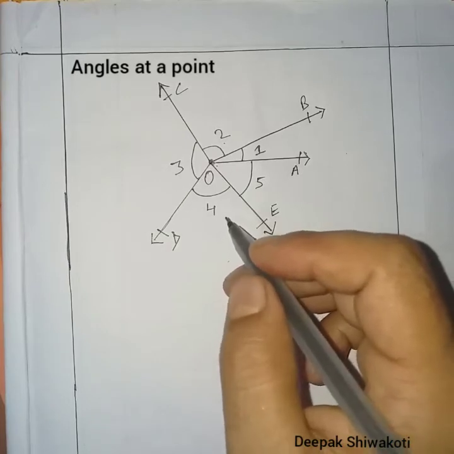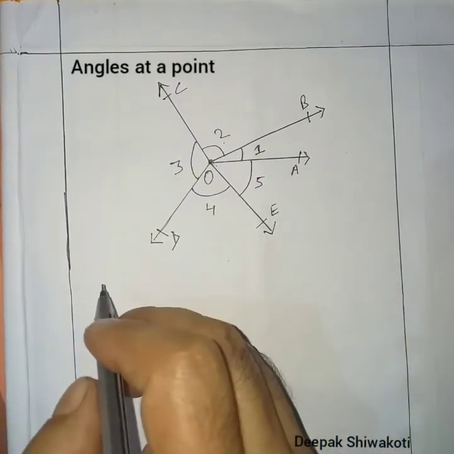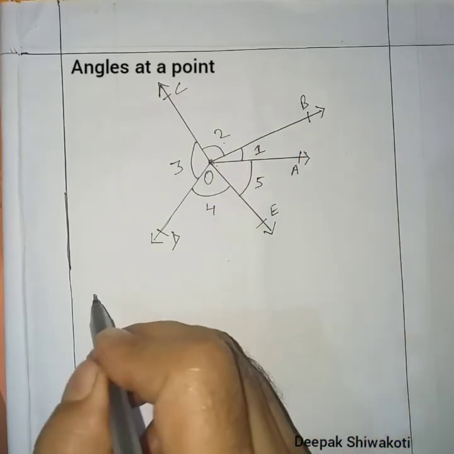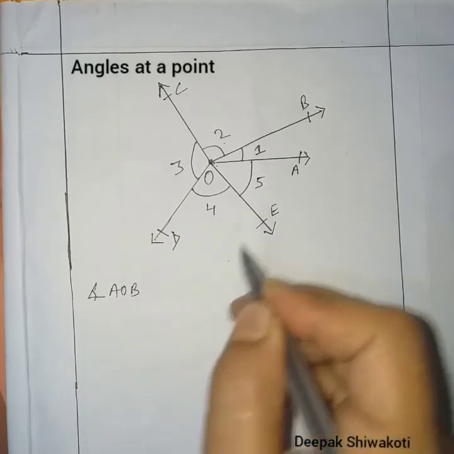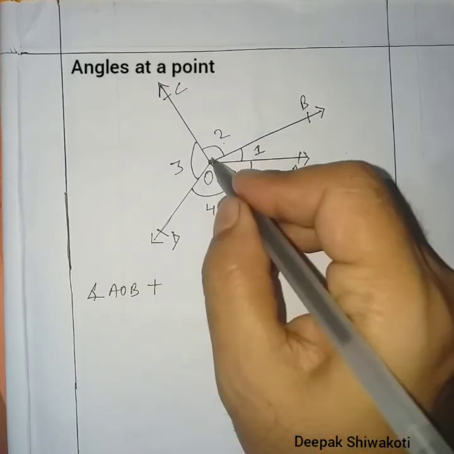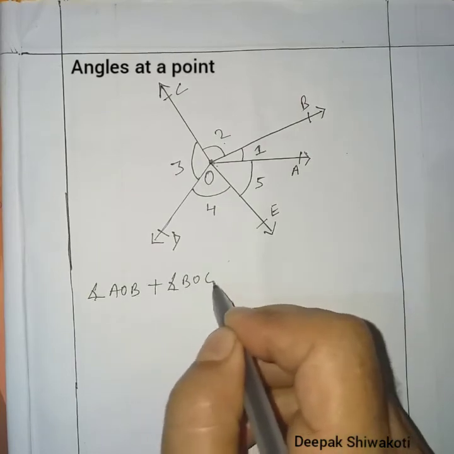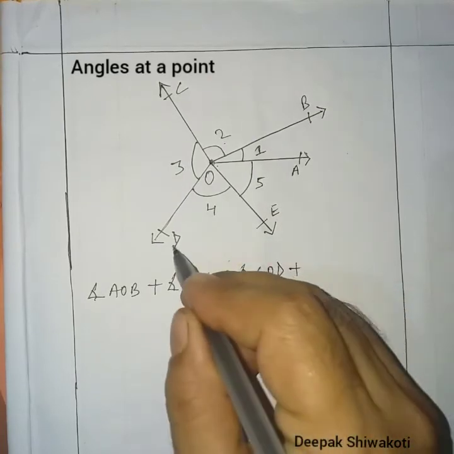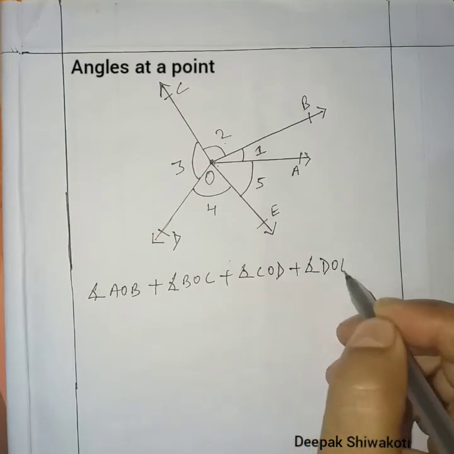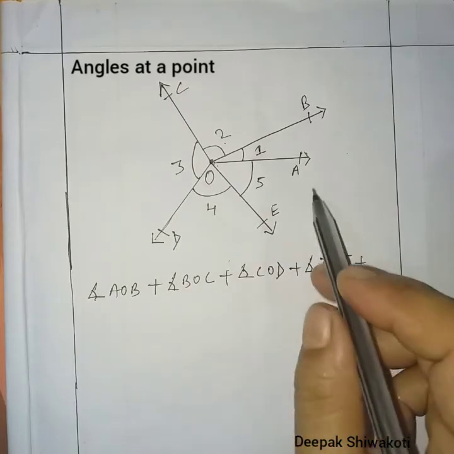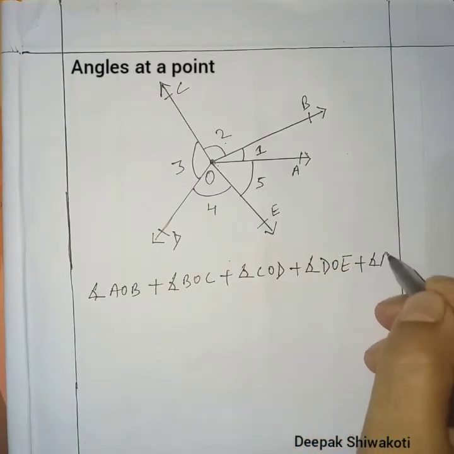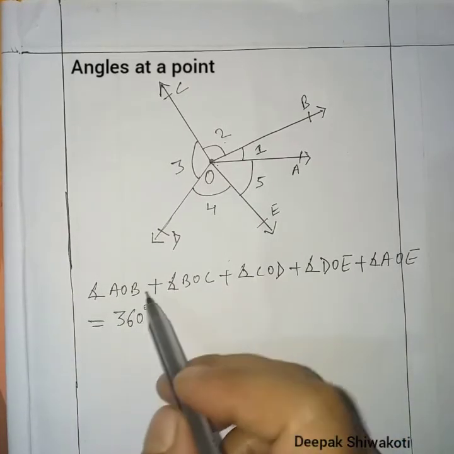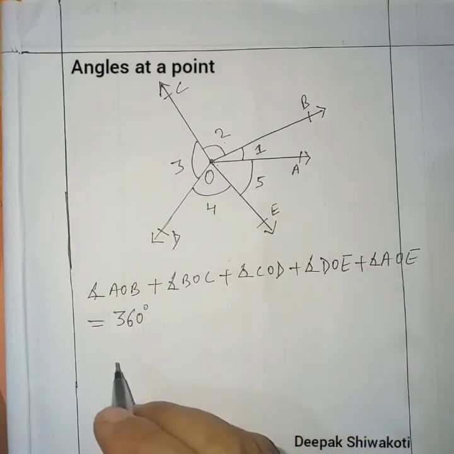Suppose angle AOB plus angle BOC, plus angle COD, plus angle DOE, and plus angle AOE will be equal to 360 degrees if we add the measures of all these angles.